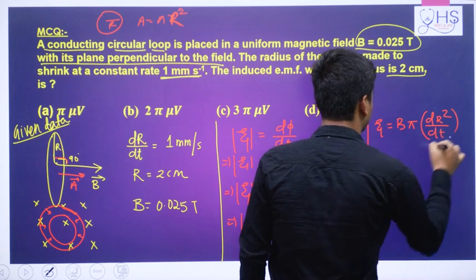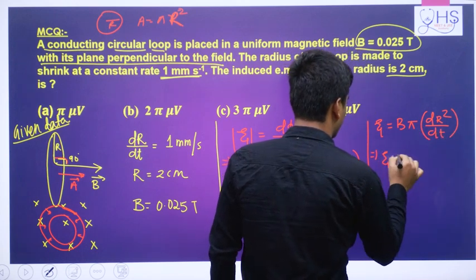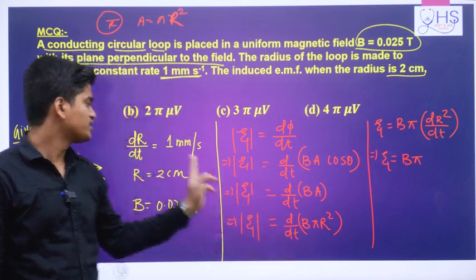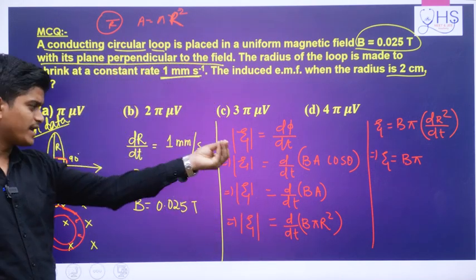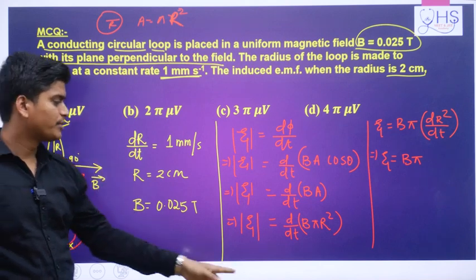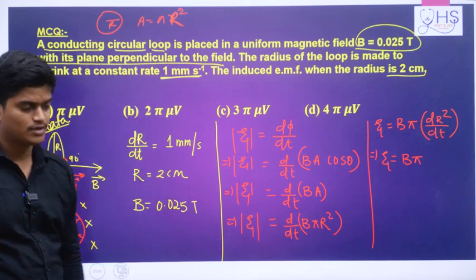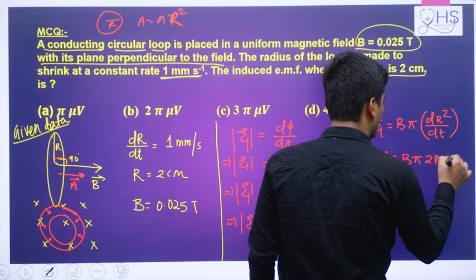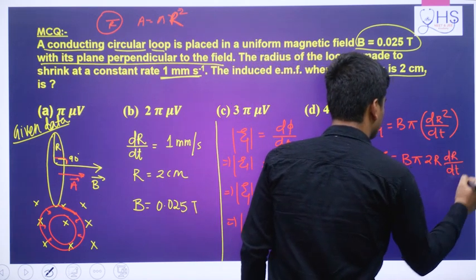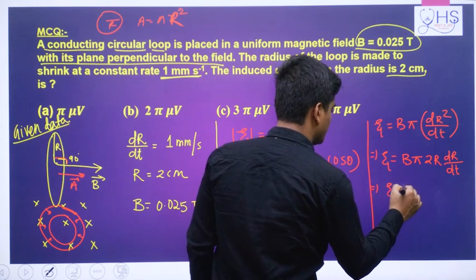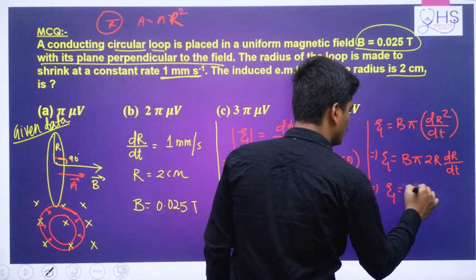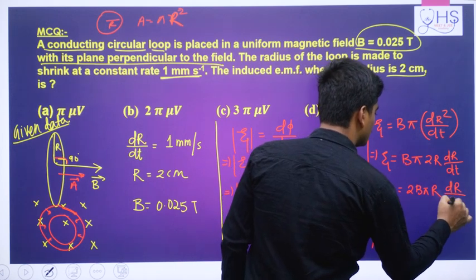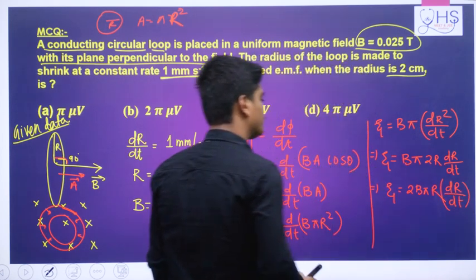My radius is changing with respect to time, so R square I cannot take out of the derivative, because R depends on t. If we do the differentiation, we get 2R dR by dt. So EMF magnitude equals 2 B pi R dR by dt.